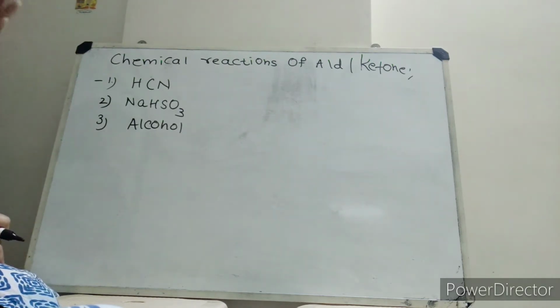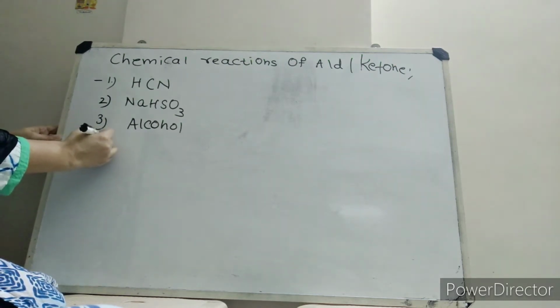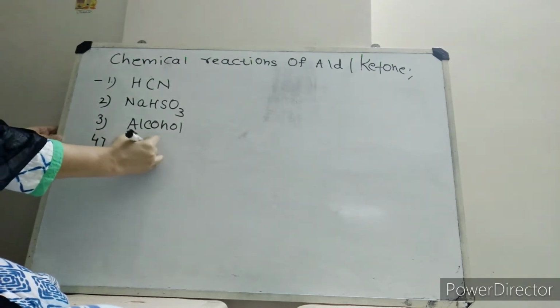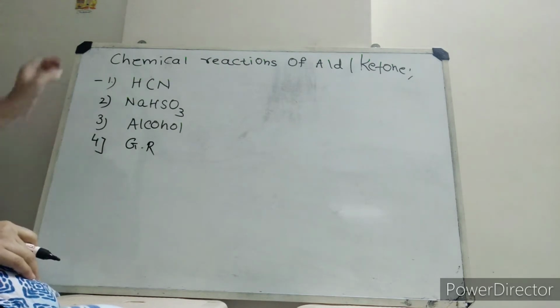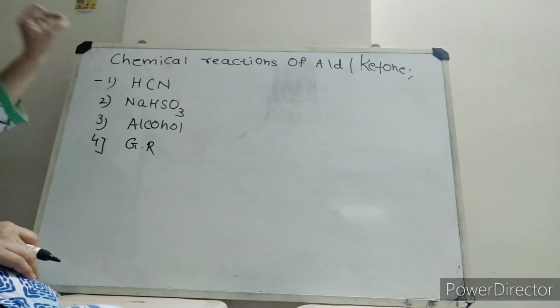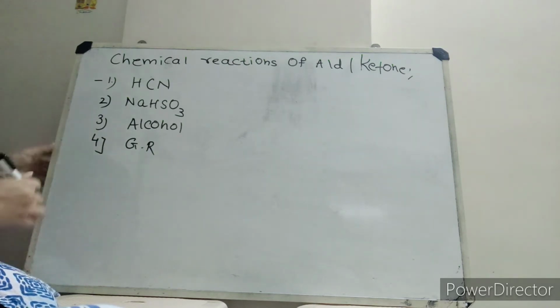Fourth reaction, it is with the Grignard's reagent. When aldehyde and the ketone react with the Grignard's reagent, they form the alcohol.